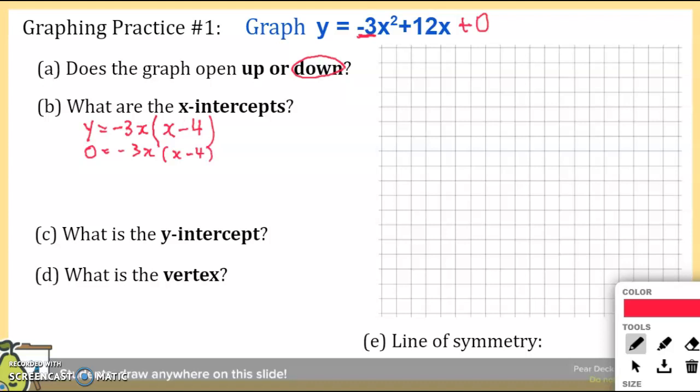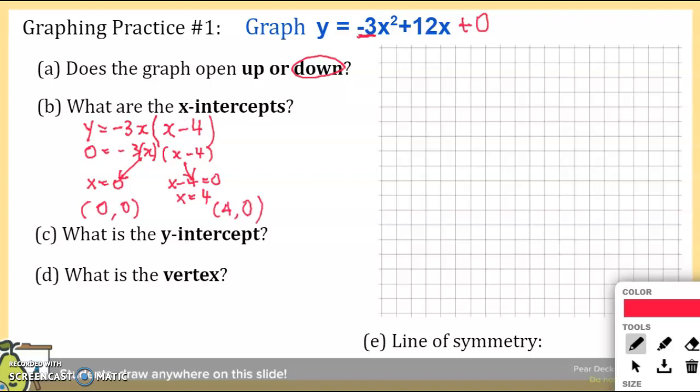That means either the first factor, x, is 0, or x minus 4 is equal to 0, using the zero product property. Add 4 to both sides, you get x is equal to 4. That means my two x-intercepts are 0, 0 and 4, 0.